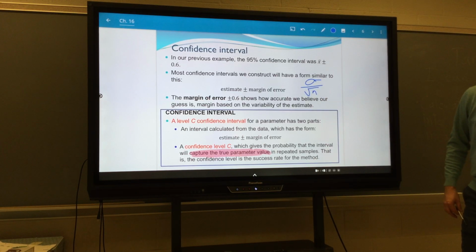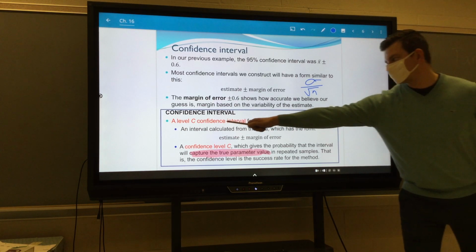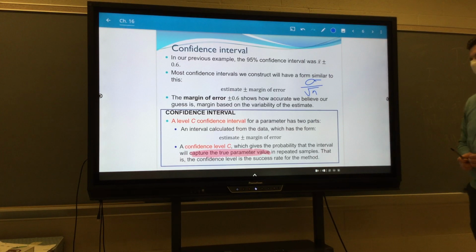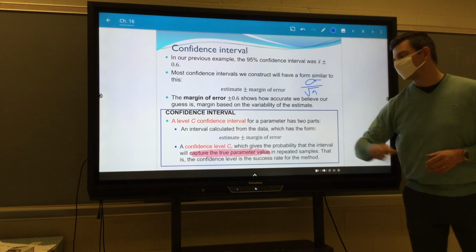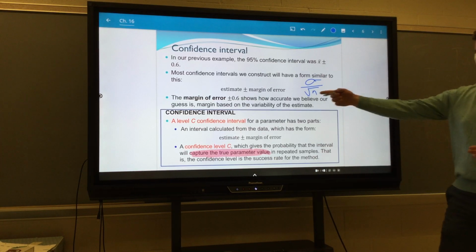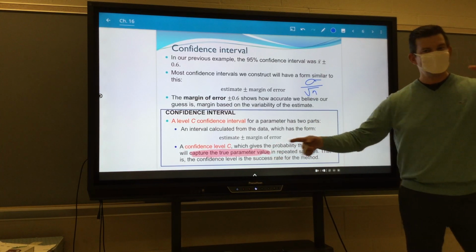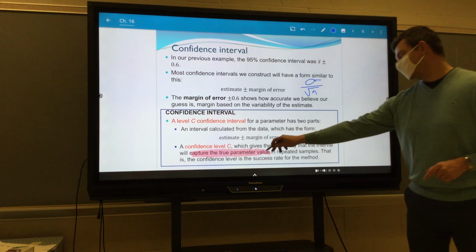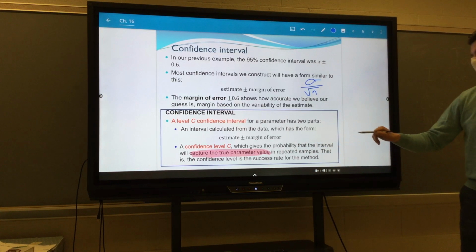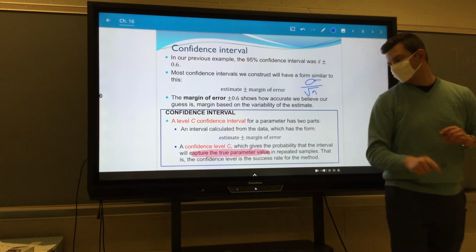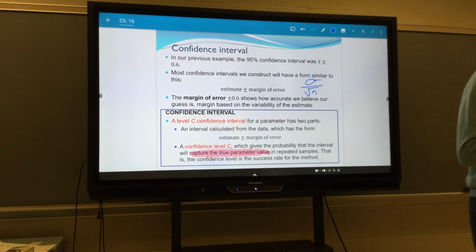Now, with this confidence interval, okay, it says a level C confidence interval for a parameter has two parts. An interval calculated from the data, which has this form that we just talked about, and it gives the probability that the interval will capture the true parameter value. Think about what that means.